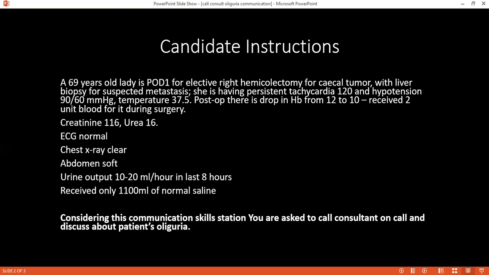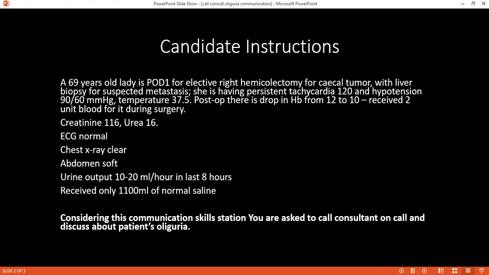There is also a borderline high creatinine level, but her abdomen is soft, and there is no sign of peritonitis or abdominal bleeding. I will manage her with the ABCDE approach. I will focus on fluid resuscitation. If no response, I will consider transferring the patient to ICU. Then I will update you accordingly.